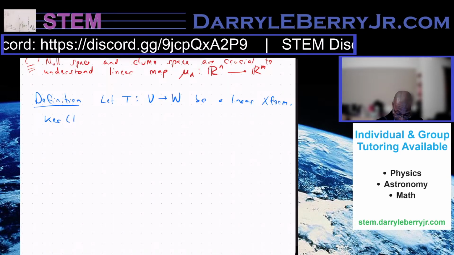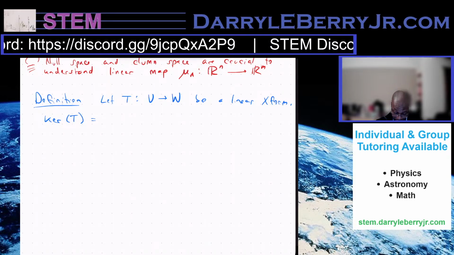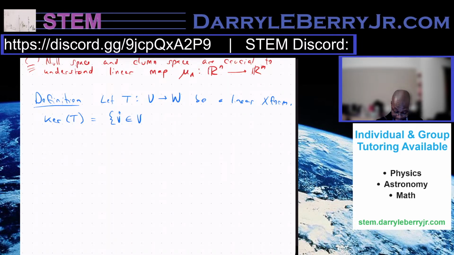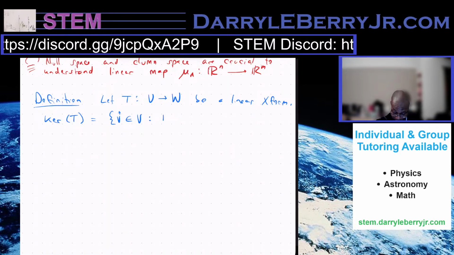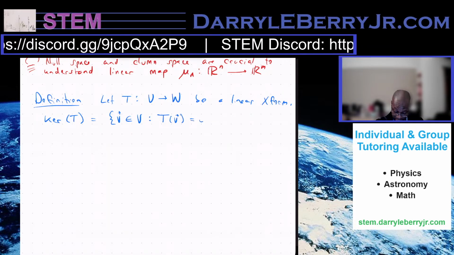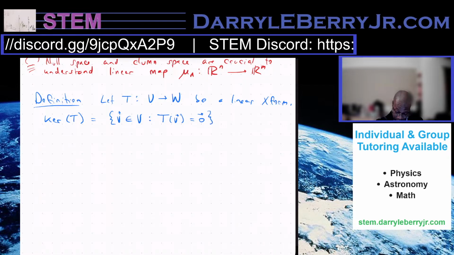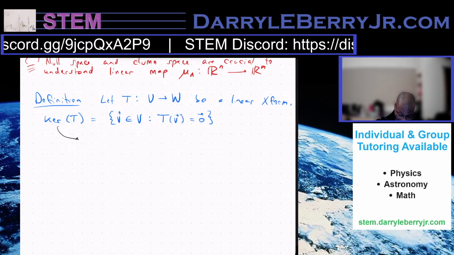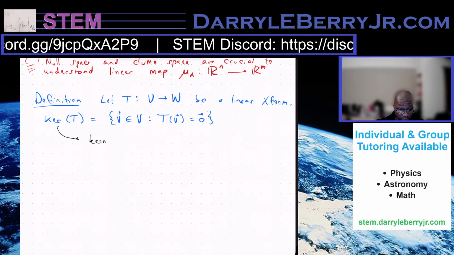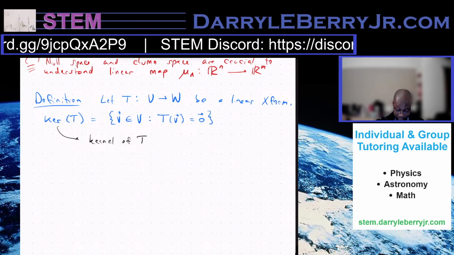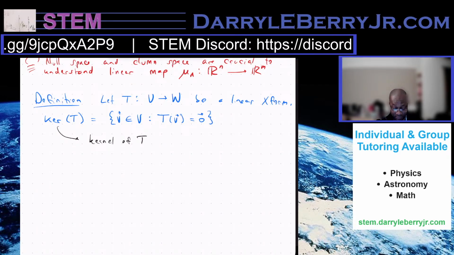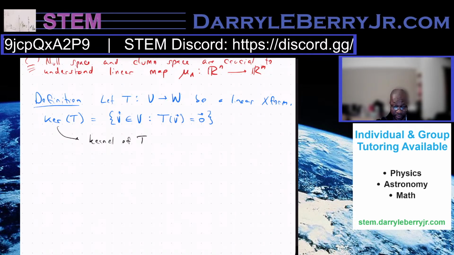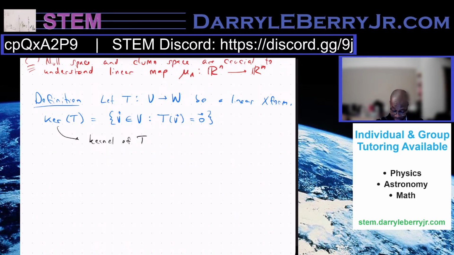So that's the kernel of T that we went over in class today, equals all V that's in that vector space such that T of V equals 0. So the kernel of T are all the vectors in the subspace V where the transformation of V equals 0.